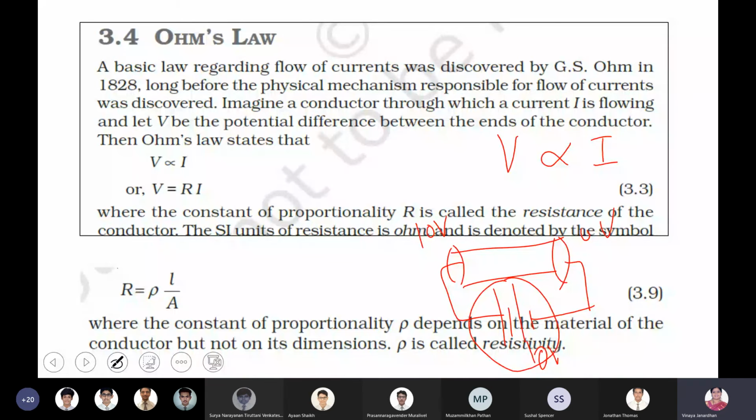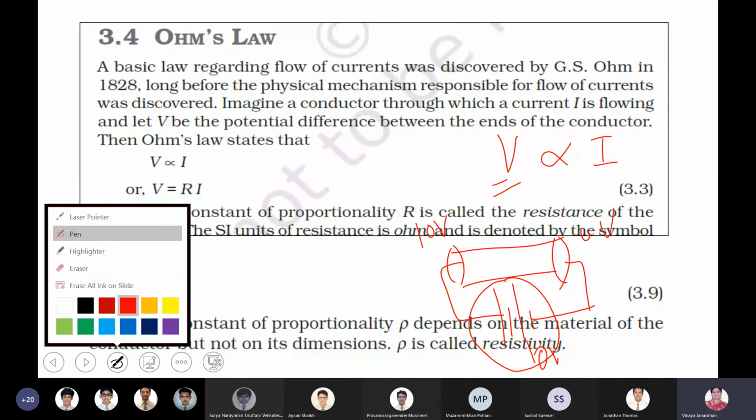So energy is directly proportional to the potential difference, and potential difference is directly proportional to your current. The higher the potential difference, the more work the battery can do to push the electrons from one end to the other. That is why, what is V? It is the difference in potential. So V is directly proportional to I.